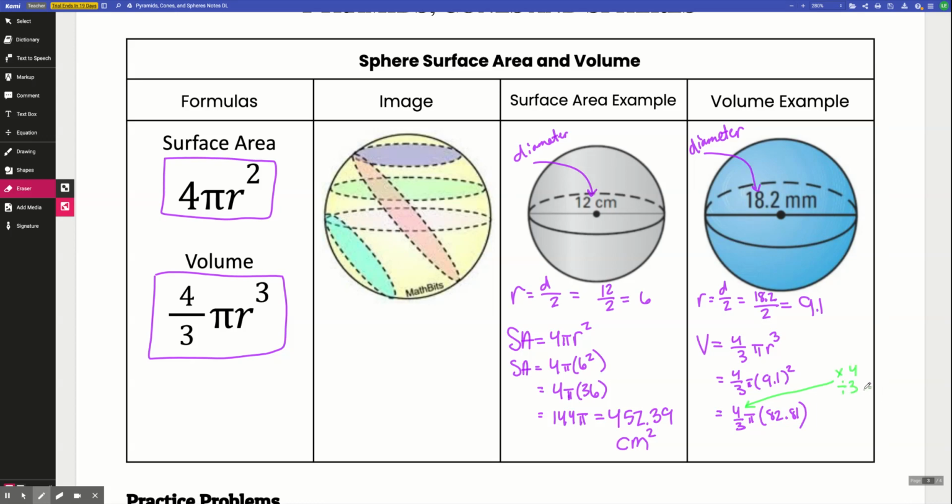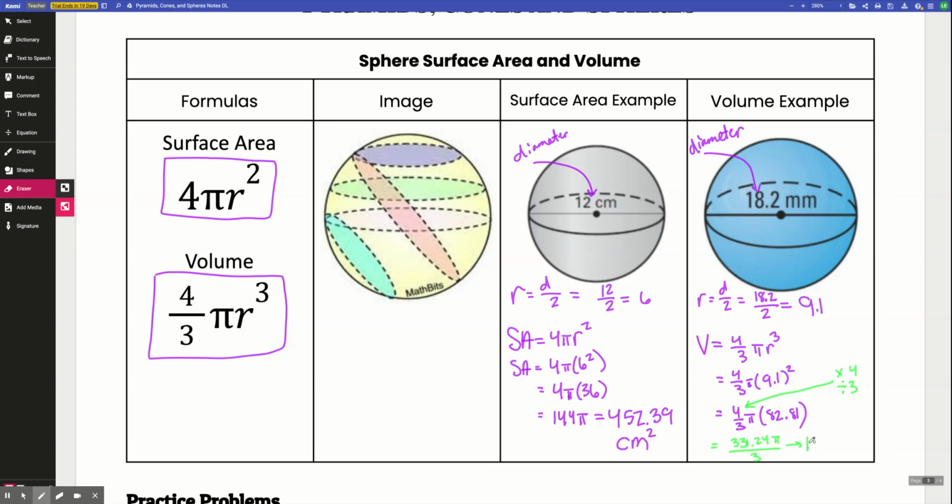So you can do that in any order that you wish. But what I'm going to do is do the times 4 part. So 82.81 times 4 is 331.24. And then I still have my pi, and that whole thing is being divided by 3. So then I'm going to do 331.24 divided by 3.